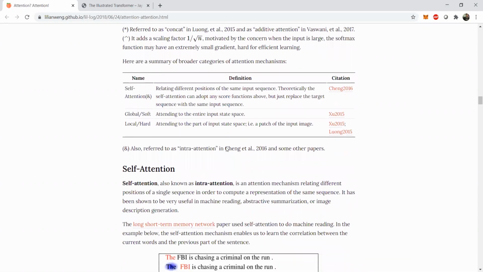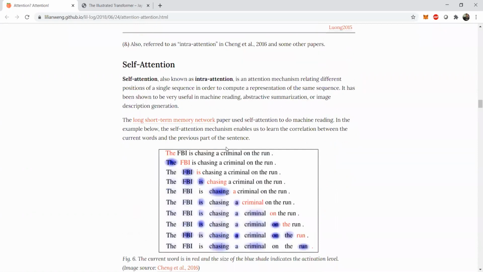Now, as I mentioned, we will be going into self-attention. So just as an intro, self-attention or intra-attention is an attention mechanism which relates different positions of a single sentence in order to compute a representation of the same sequence. What that effectively means is that you take a sequence or a sentence and you compute the self-attention, or apply the self-attention weights, on parts of that same sentence instead of the entire corpus.